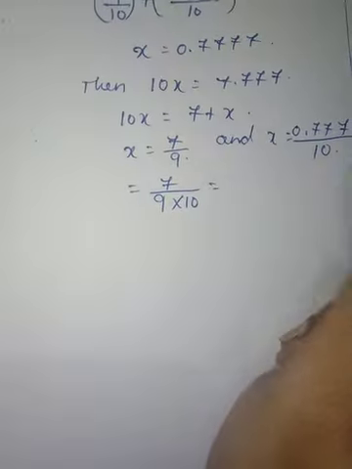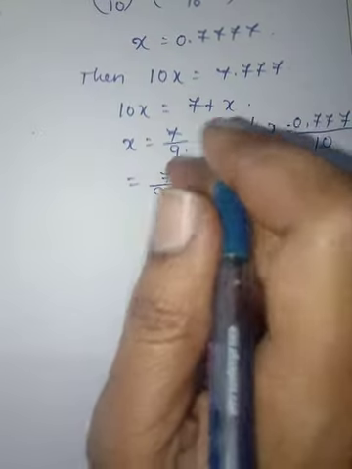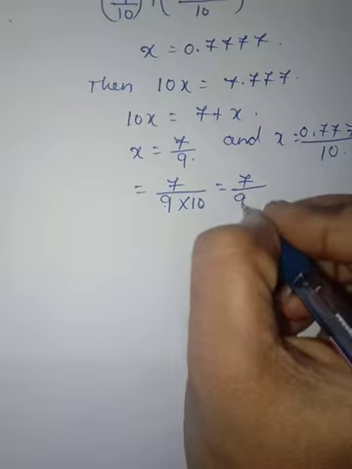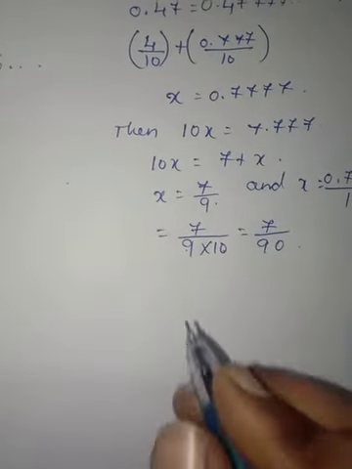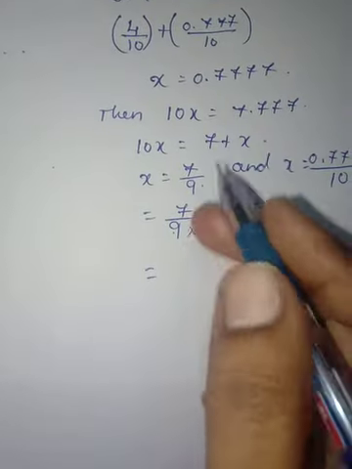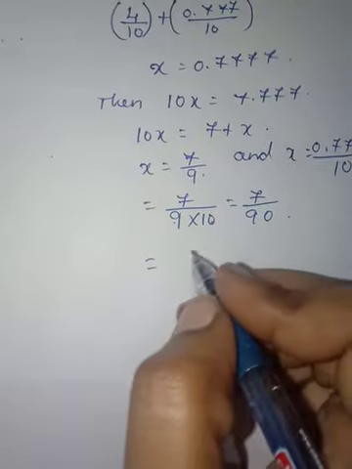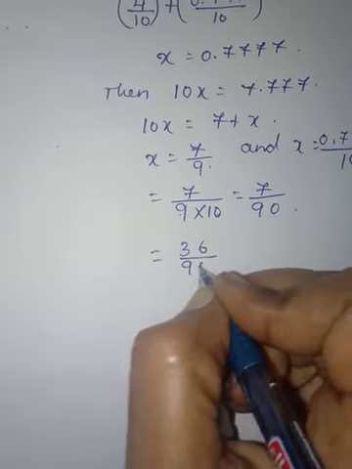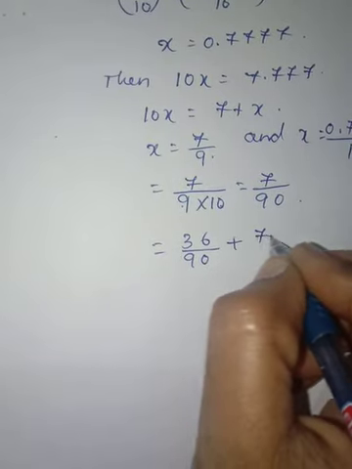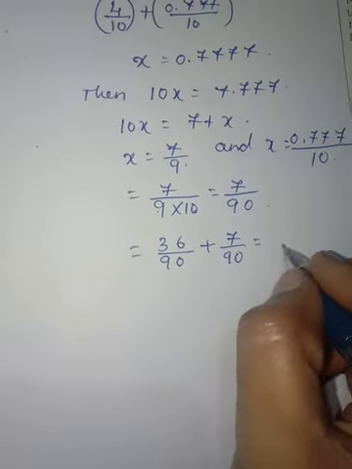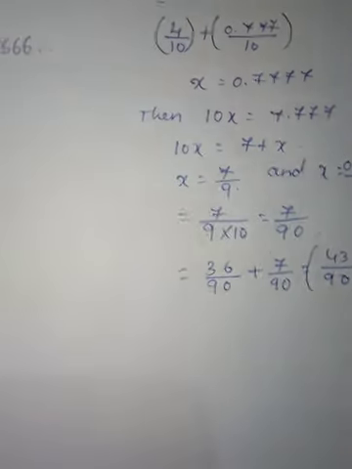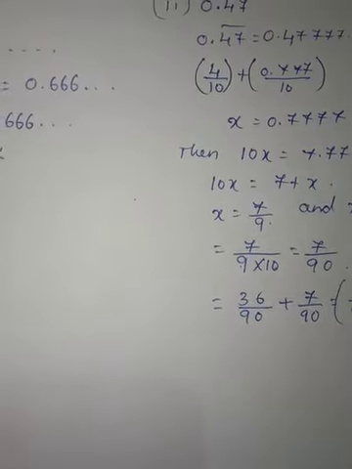Now 7 by 9 tens are 90. Then you are going to take the LCM of 4 by 10 and 7 by 90. By taking this, I will get 36 by 90 plus 7 by 90. By adding these two, I am going to get 43 by 90. This one is the answer.